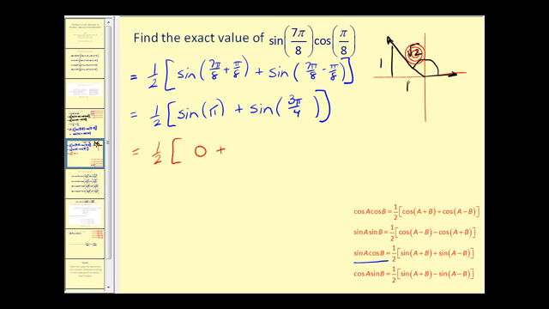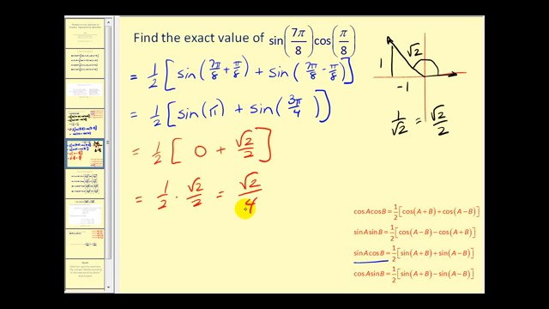Of course, this is negative. So the sine of 3 pi over 4 would be opposite over hypotenuse, 1 over the square root of 2, which rationalizes to square root of 2 over 2. So we have 1/2 times square root of 2 over 2, which equals the square root of 2 over 4, which is the exact value of this product.